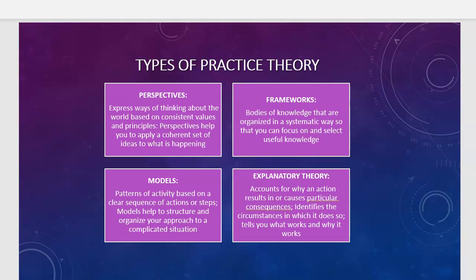It's based on a particular philosophy and principles. So perspectives help you to apply specific, coherent ideas to whatever situation you're encountering with your client population. So they are sets of ideas that are useful and value-based.